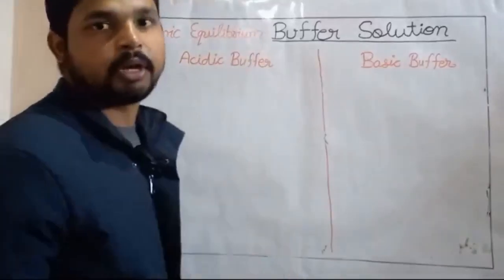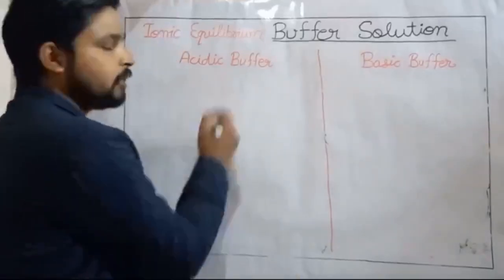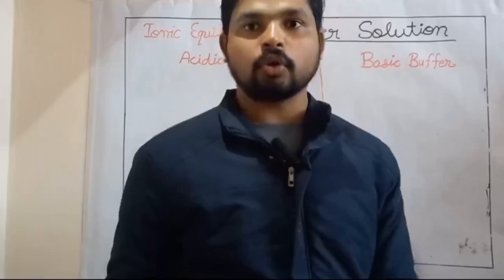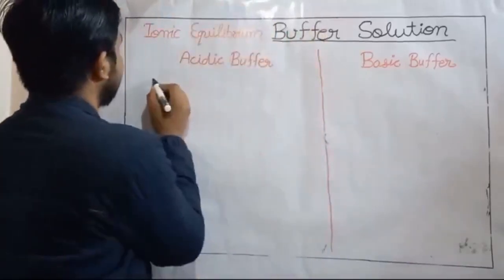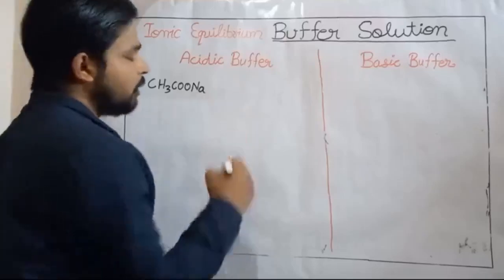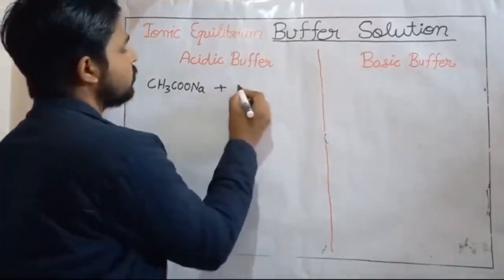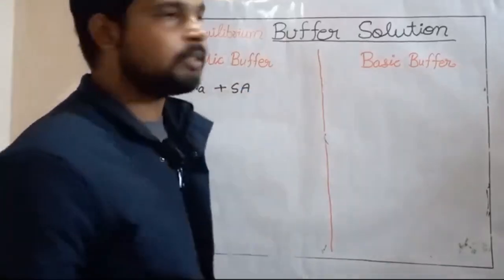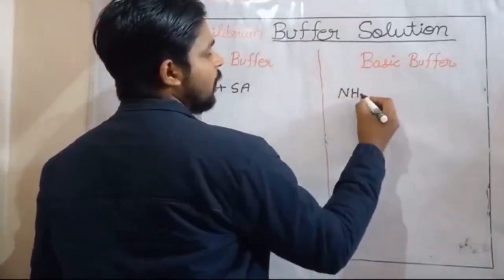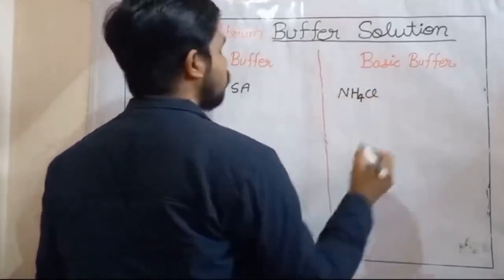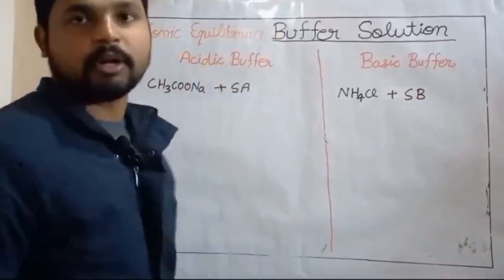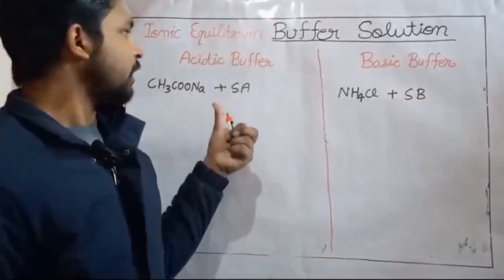If in exams a question comes, in an acidic buffer, the weak acid's salt with its conjugate is given, and a strong base is also given. And for a basic buffer, the weak base and its salt with its conjugate is given, and a strong acid is given. Then after the reaction we want to check whether it can act as a buffer or not.